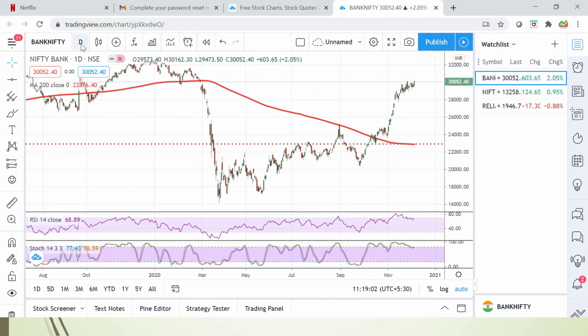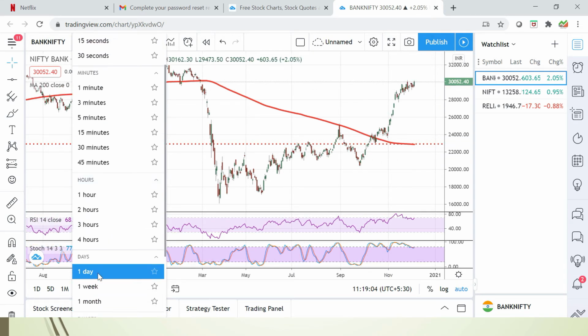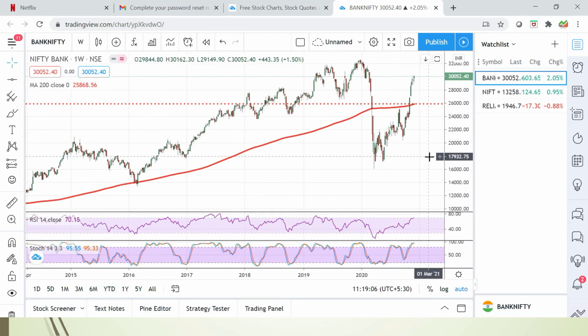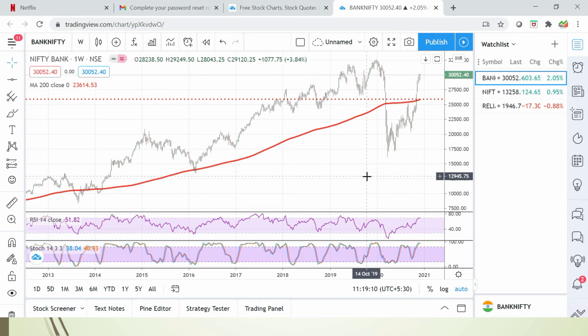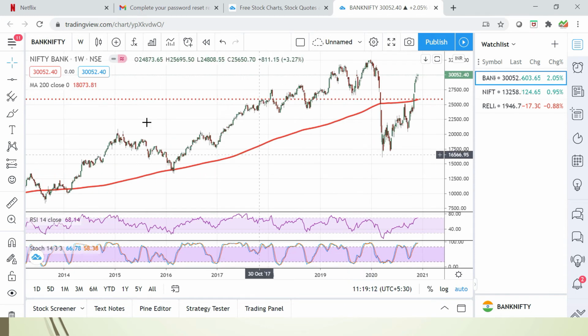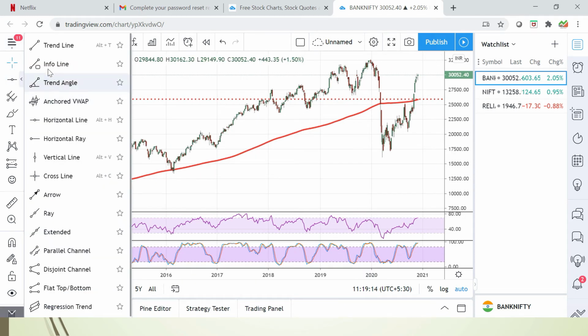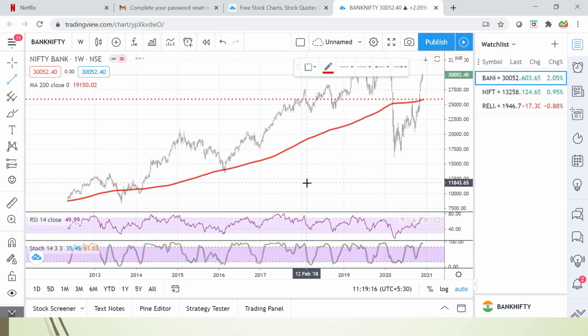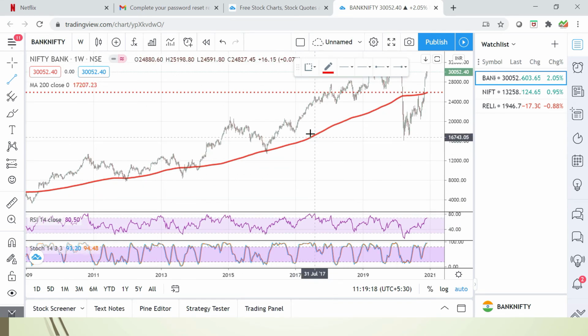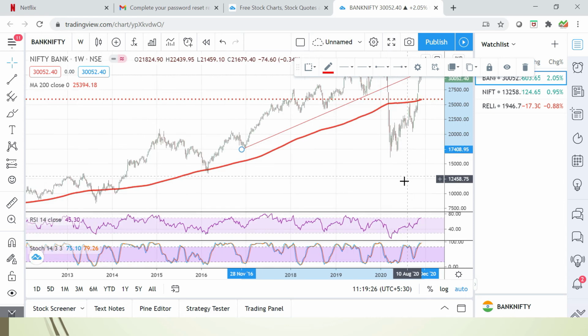Now, overall long-term trend in Bank Nifty, I'm switching to the weekly chart, there is a difference. It had a trend line earlier, somewhere here, but this is not crossed.